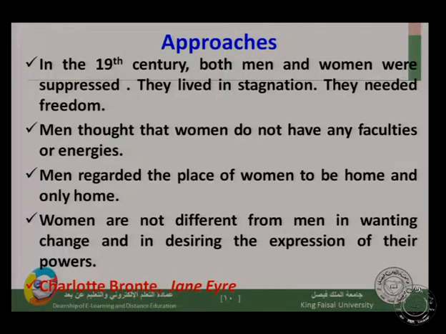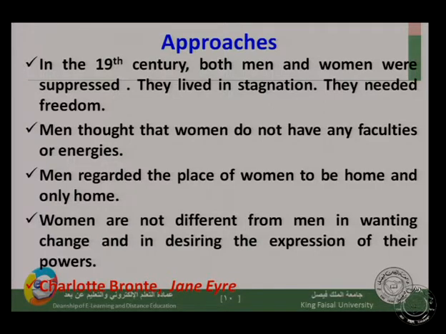Men and women. Men thought that women do not have any faculties or energies. That was the idea, the vague idea, the common idea, the wrong idea, the mistaken idea, the bad idea in the minds of people, that women are supposed to have no faculties or energies. Men regarded the place of women to be home, and only home. What is the right place for women?